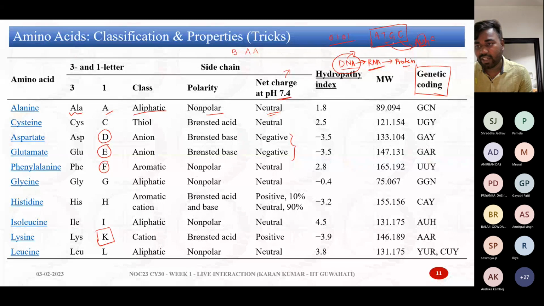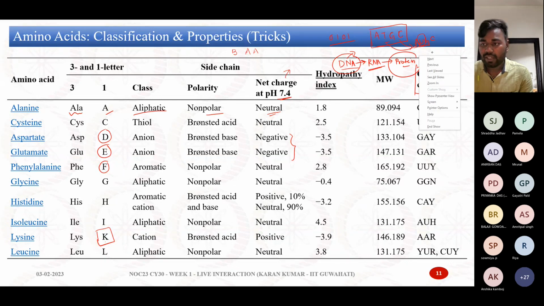So this is kind of a translation, only changing one letter, and then you are passing on this message to make a protein, because all the functions carried out in our body, whether catalysis, chemical reactions, sensing, information transport, or anything structural, are all carried forward by the protein.